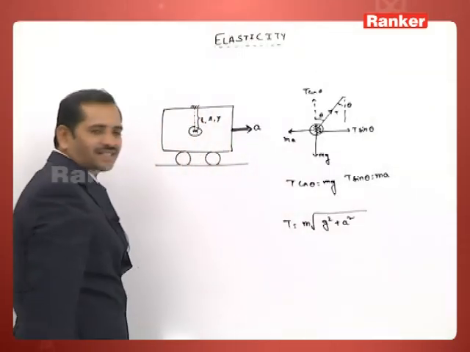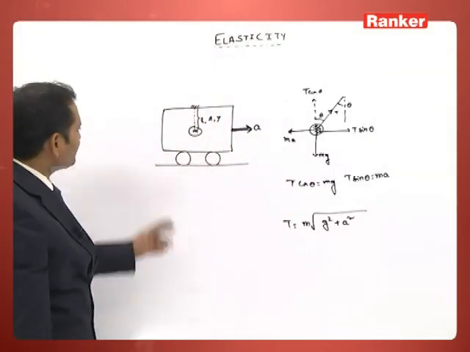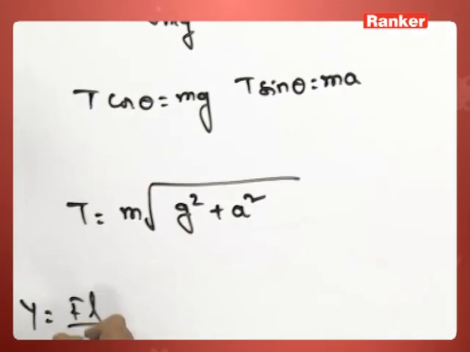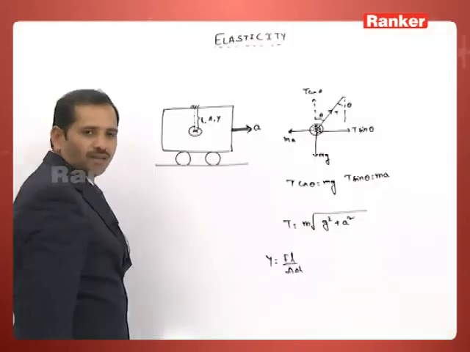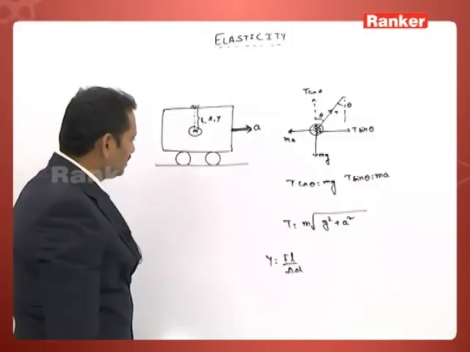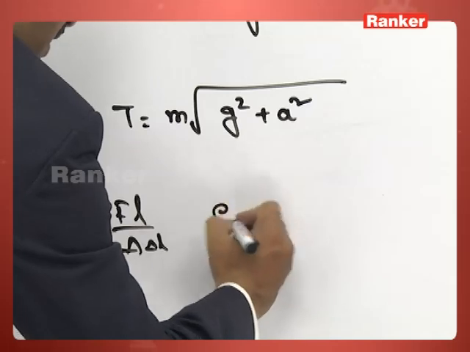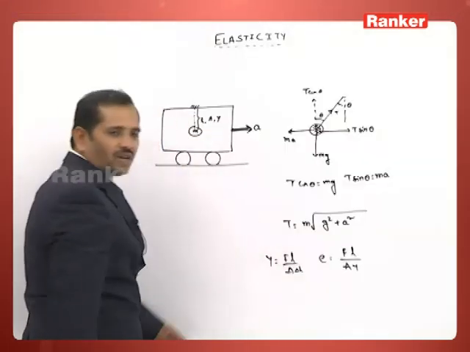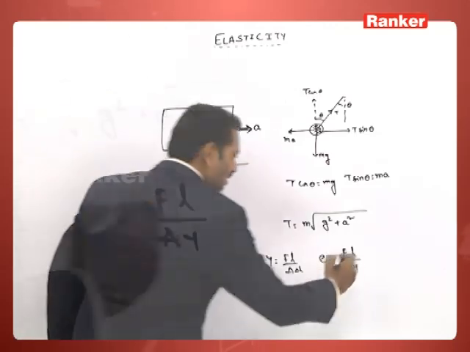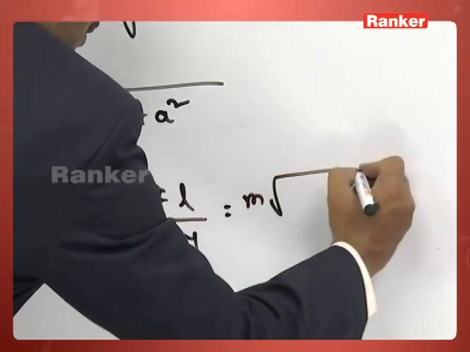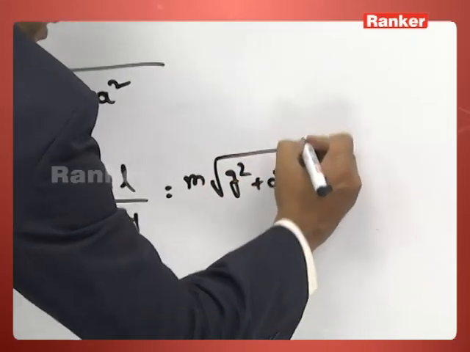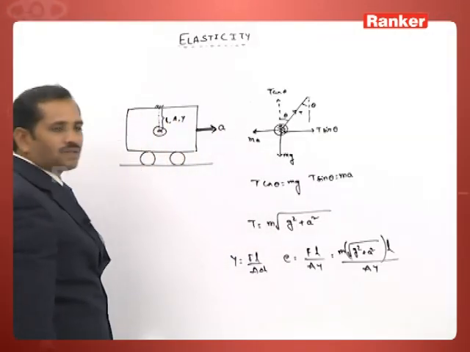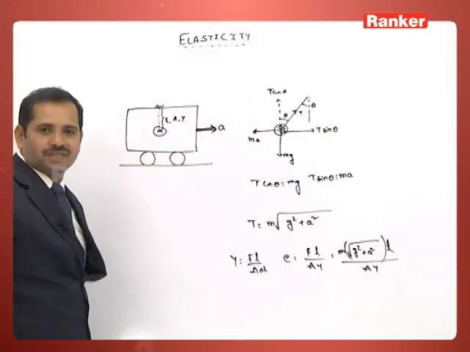Here a is the acceleration of the trolley. Young's modulus Y equal to FL by A delta L. Then extension equal to FL by AY. F is what here? Tension. That is m into under root g squared plus a squared into L by AY, the elongation produced in the string because of pseudo force.